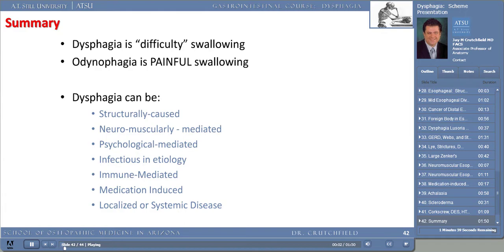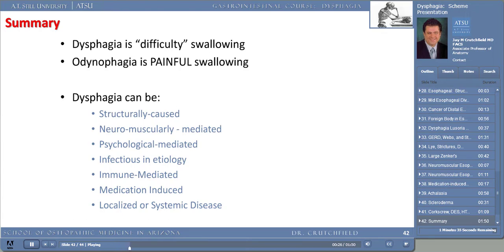So, in summary, remember, dysphagia is difficulty swallowing, and it's usually broken down into oropharyngeal or esophageal. The oropharyngeal is the voluntary phase. Odynophagia is painful swallowing. A patient can present with dysphagia alone, painful swallowing alone, or a mixed picture.